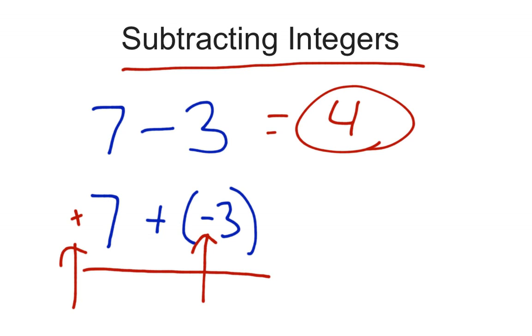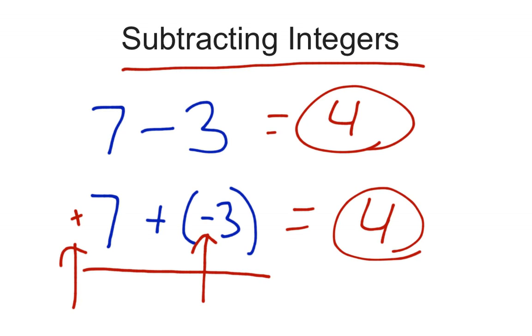Since the signs are different, that tells me to subtract. 7 minus 3 is 4, and as we learned yesterday, since 7 is bigger than 3, and the 7 is a positive number, that means there are more positives, so we get a positive answer. Okay, so these two equations are pretty much the same. It doesn't matter if I'm subtracting 3 or if I'm adding the opposite, negative 3. It makes no difference really either way.